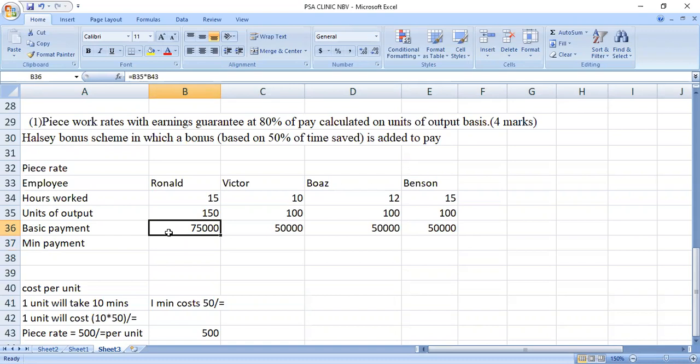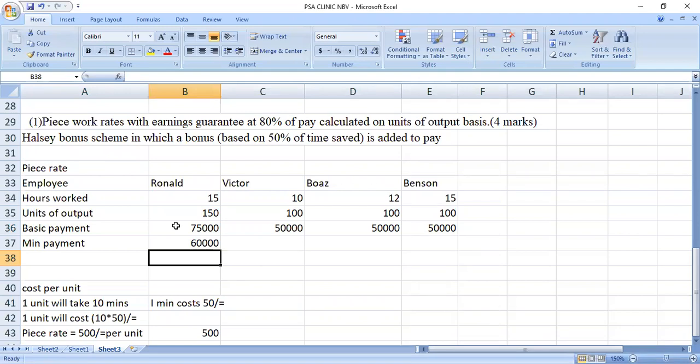I think that is really clear. So if you're looking at 80%, it is 80% times what is supposed to be the output. Okay, so it's pay calculated on units of output basis.